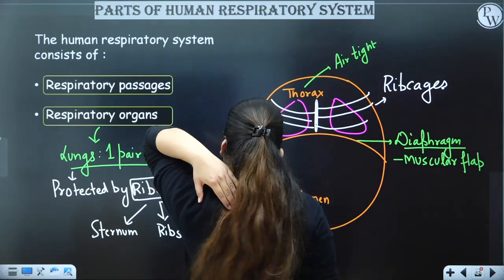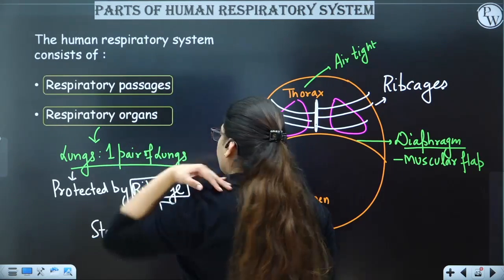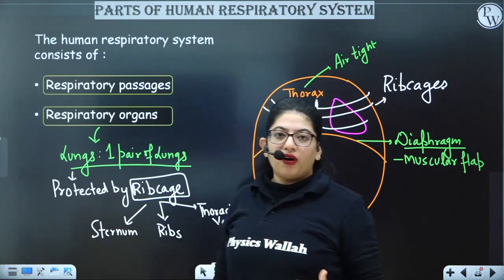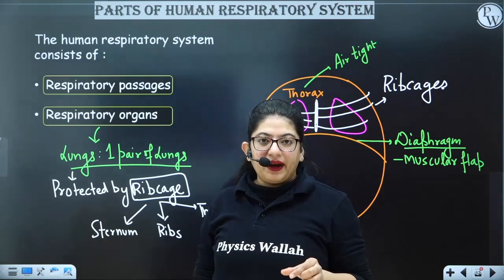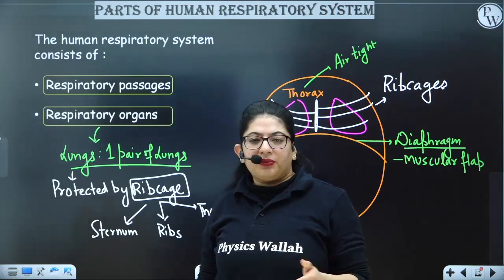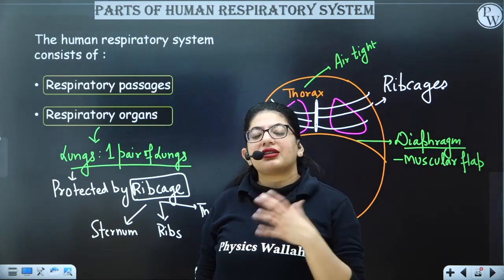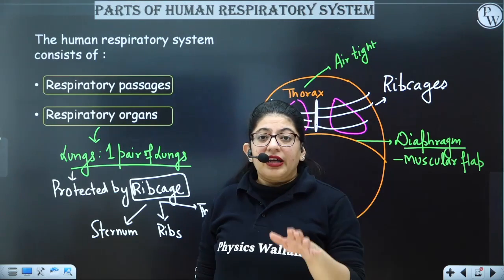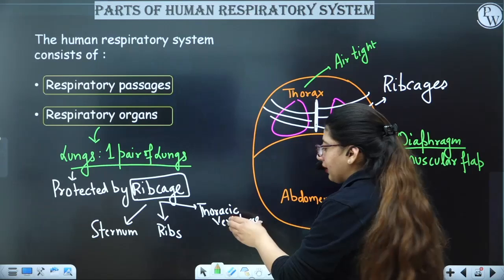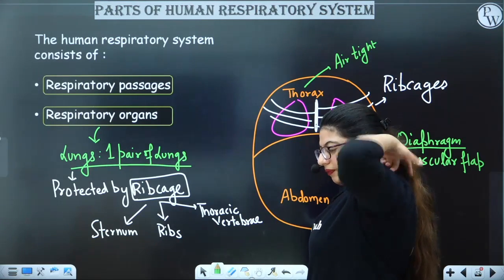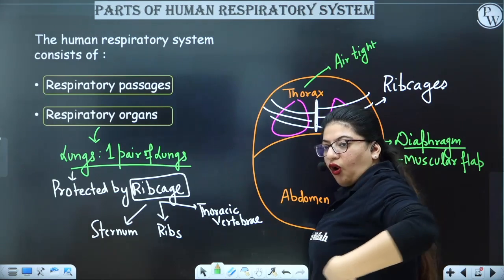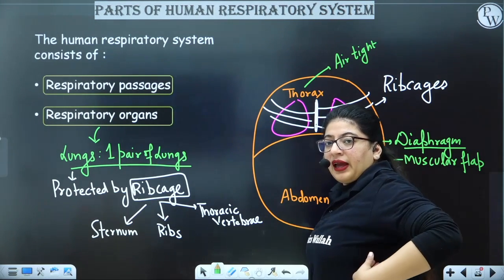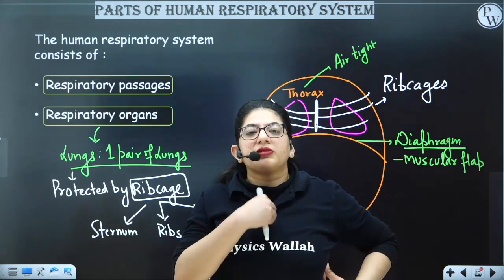Dorsally I have the vertebral column, which is made up of small bones known as vertebrae. You have different types of vertebrae; we'll discuss that in the chapter Locomotion and Movement. Out of these, the thoracic vertebrae of your vertebral column, and laterally the C-shaped long bones, the ribs, are present, and ventrally the sternum is present.